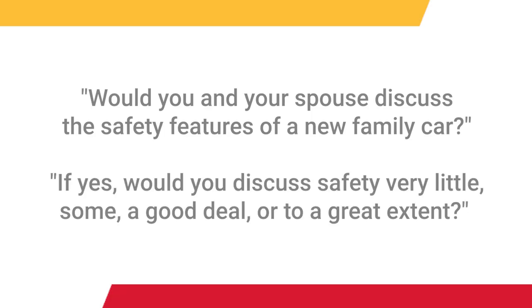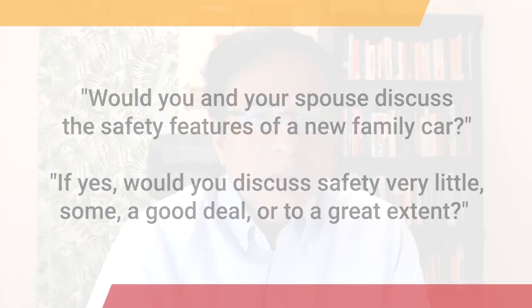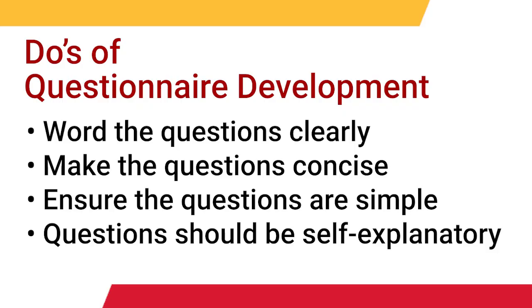Followed by, if yes, would you discuss safety very little, some, a good deal, or to a great extent? Maybe a 5-point Likert scale to rate your response. So it should be very simple, direct, and not have too many conditions worked into it. Finally, the question should be crystal clear. It is best to avoid words that are imprecise or open to misinterpretation.